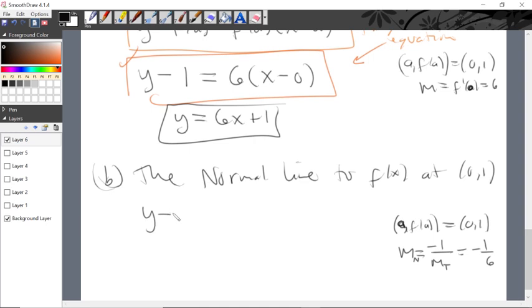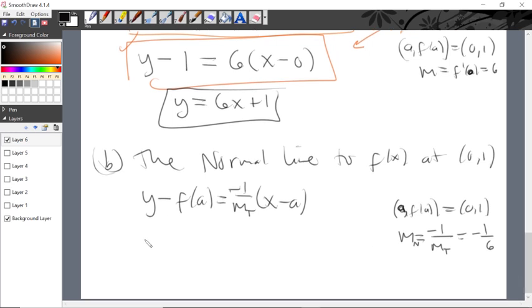So we have a point, we have a slope, we can write the equation of the normal line. I could write it formulaically. y minus f of a is equal to negative 1 over m_t times x minus a. In other words, we have a point, we have a slope.